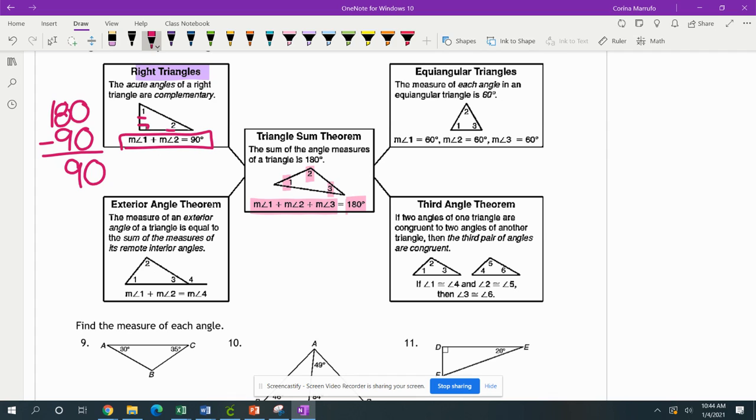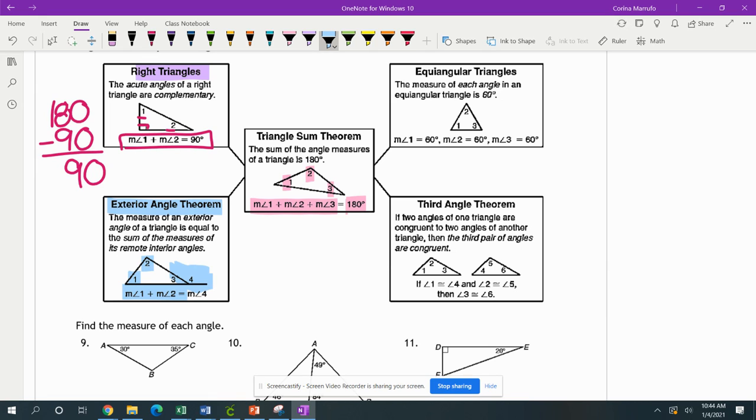All right, the next one is the exterior angle theorem. We have an exterior angle, which is angle 4 right here. And angle 4 should be the same thing as adding angle 1 and angle 2, so the measure of angle 1 plus the measure of angle 2.